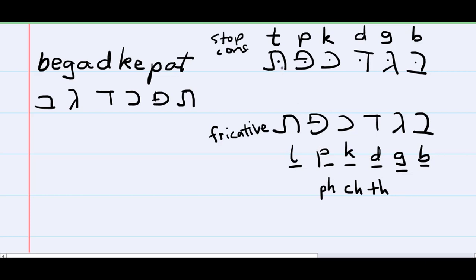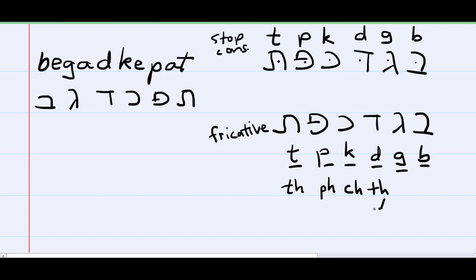And then with the dot, the tav is a t, a stop consonant, and then without it the tav is going to be pronounced as a th, as in thin.